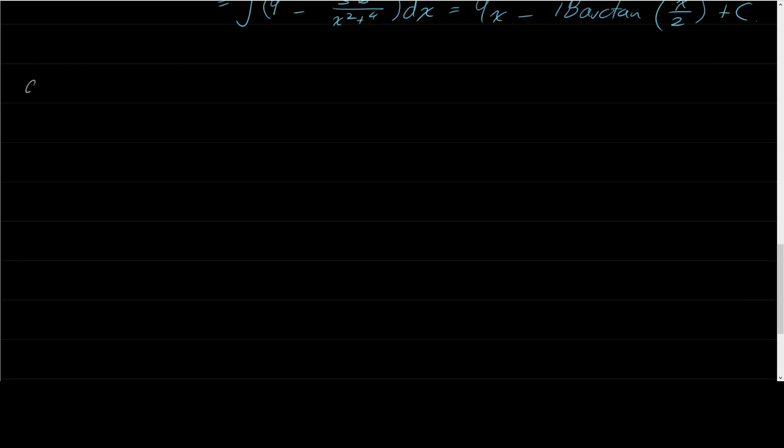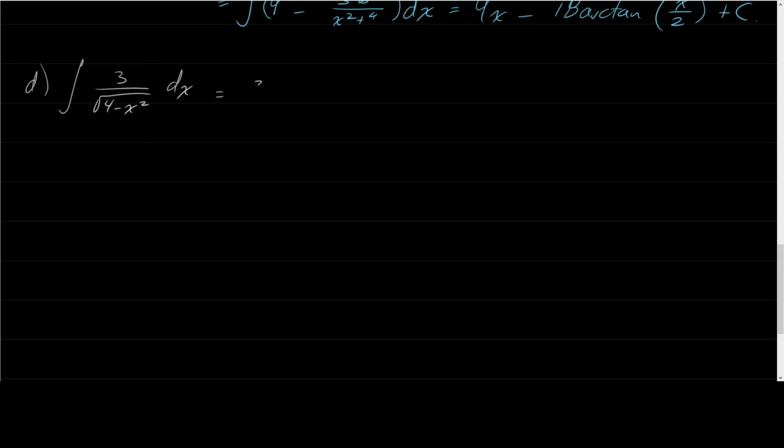So D is the integral of 3 over the square root of 4 minus x squared dx. Recall when we were covering integrals involving inverse trig, this right here is in a very specific format. It's one of those.